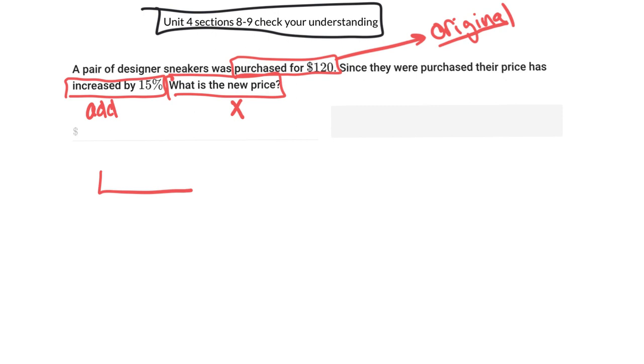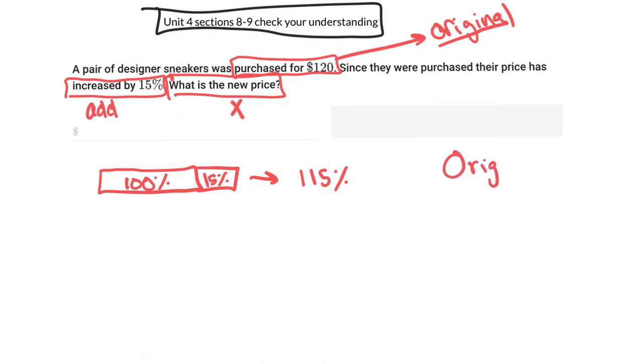We have 100%. That is where we are starting. And then we are adding 15% to that. So the total amount, the total increased price of the sneakers is 115%. But we know our original. So the equation usually says our original times the percent equals the new.